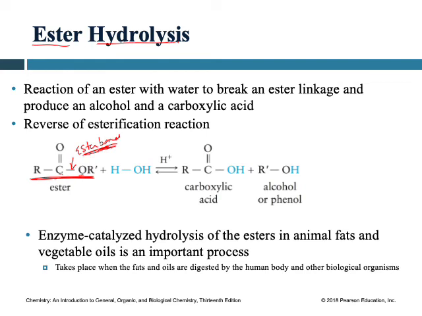And because we are breaking this bond, this is the reverse of the esterification reaction. What does it mean? In the esterification reaction, we are making a bond with the help of carboxylic acid and alcohol. But in hydrolysis, we are going to break this bond. So let's see how this reaction goes.